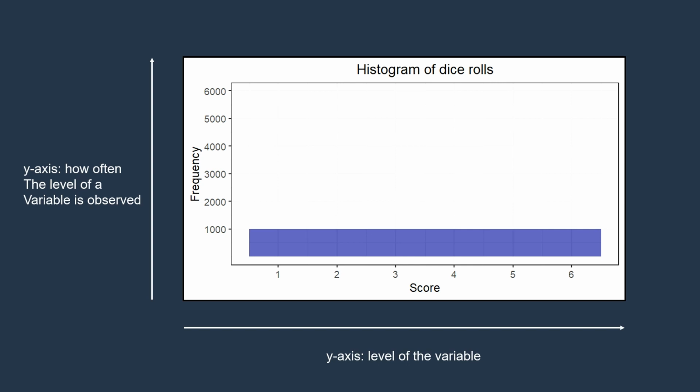A histogram is a graph where the x-axis across is the value of the variable, whether you rolled a 1 or a 2 or a 3, and the y-axis up, how tall the bar is, is the frequency, how often you saw a particular number.